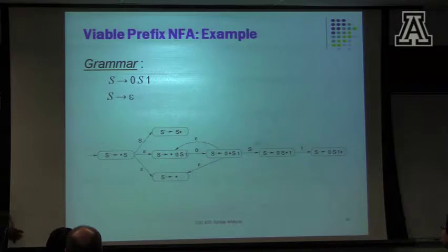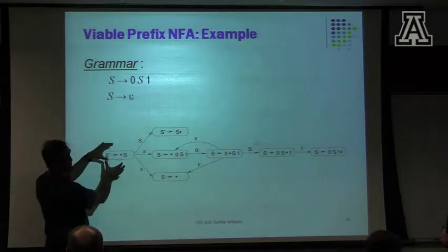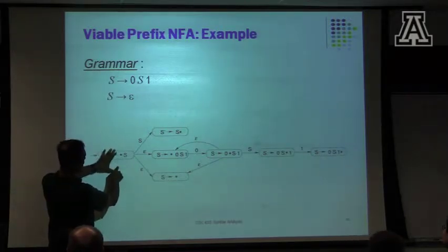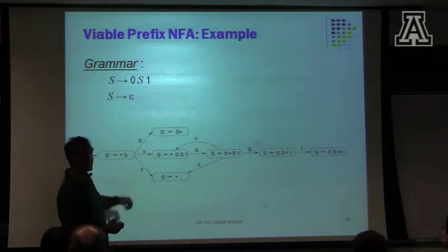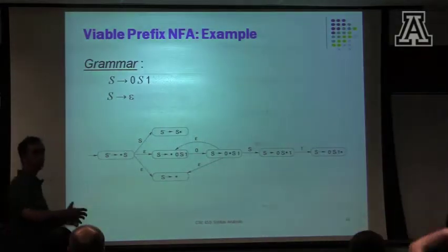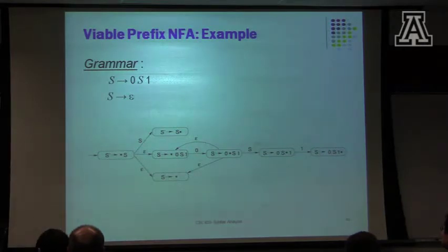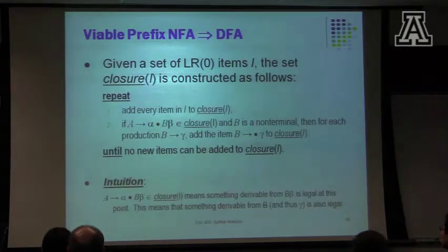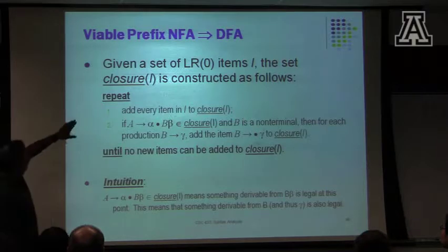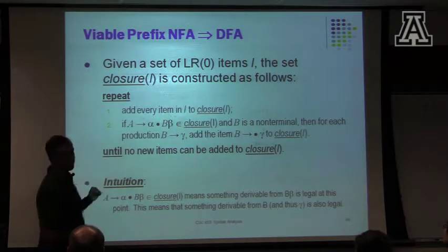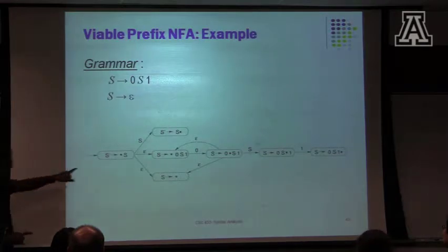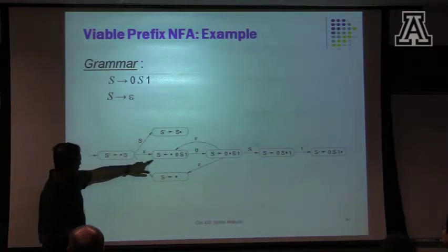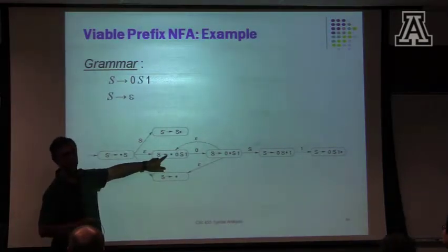And then I'll say, given a deterministic automaton state, which has a set of items, for any given symbol, like the symbol 0 or the symbol S, what set of items can I get to? And we'll keep repeating this process. So I have a set of LR0 items. Again, each of these dotted things is an LR0 item.